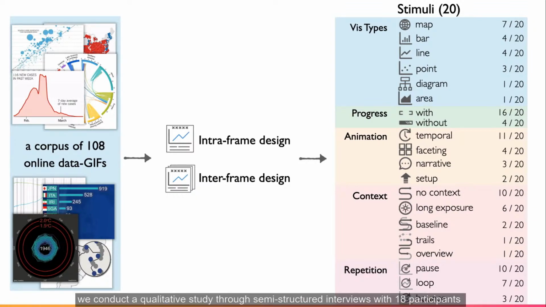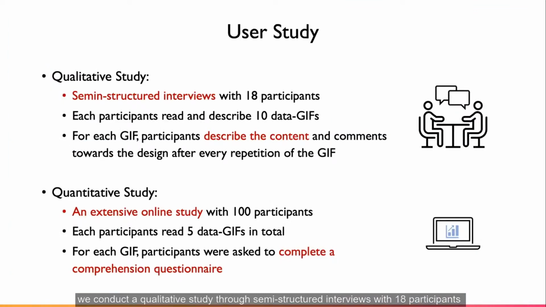Based on that, we conducted a qualitative study through semi-structured interviews with 18 participants, and an extensive online study with 100 participants. The studies collect a variety of data, including observation, viewers' descriptions, questionnaires, and subjective feedback.